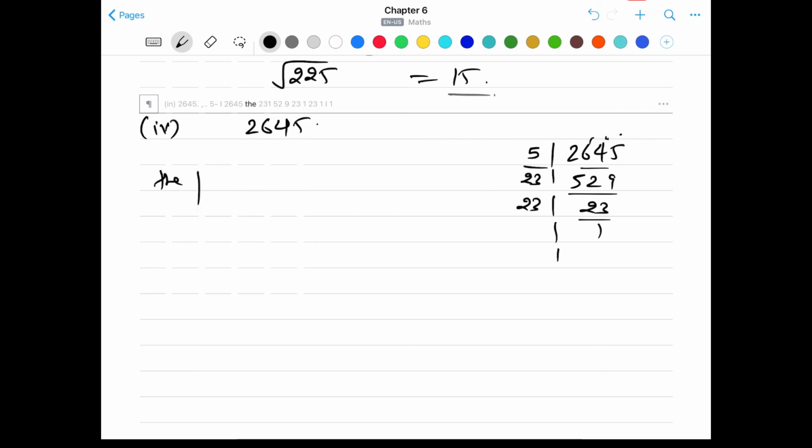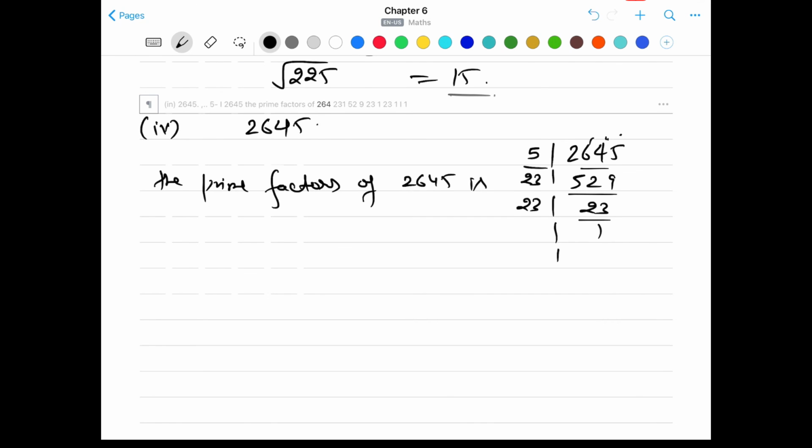Okay, so write the prime factors of 2645. Write number 2645 equals 5 into 23 into 23.